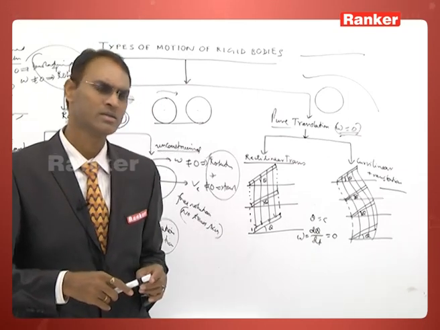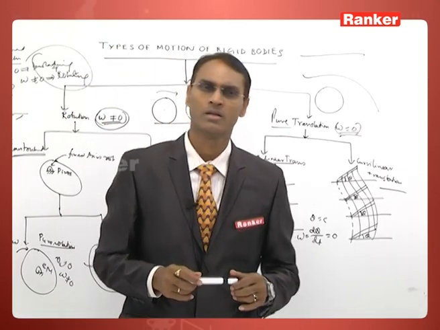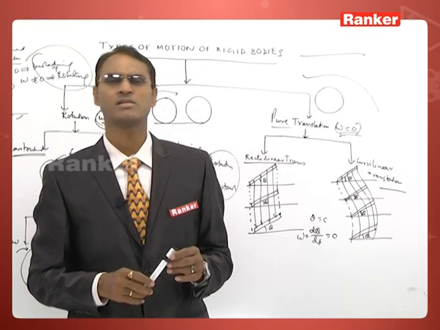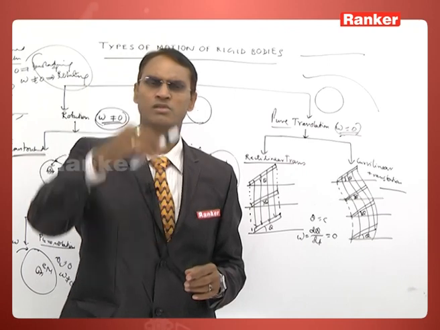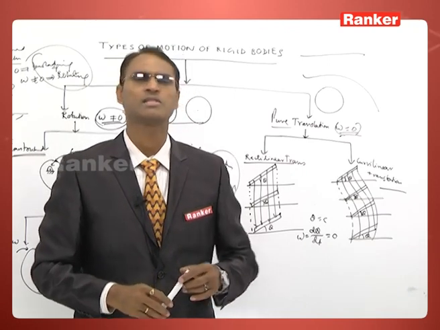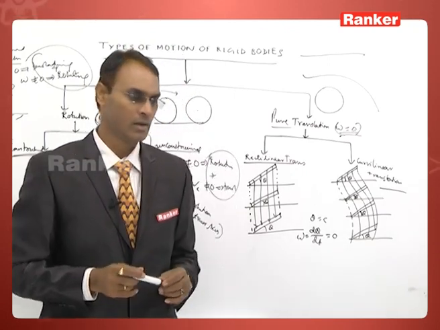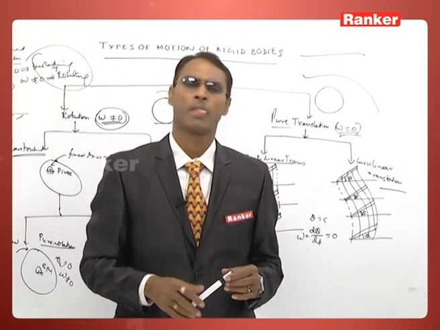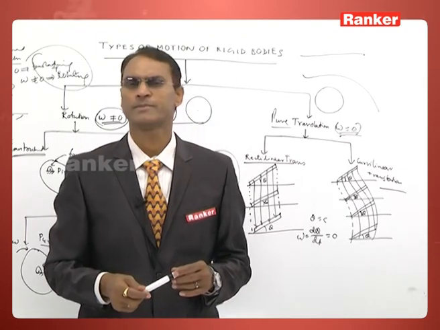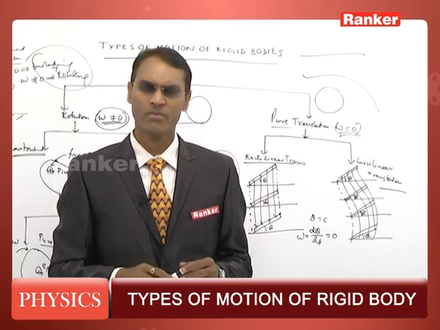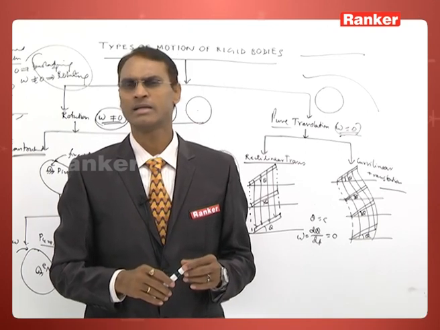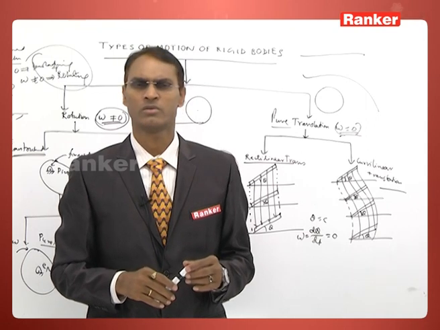Motion of a point or particle or point mass is called translation. The center of mass translates with uniform acceleration, that's equal to 9.8 meter per second square towards Earth's surface. This is called uniformly accelerated translatory motion.